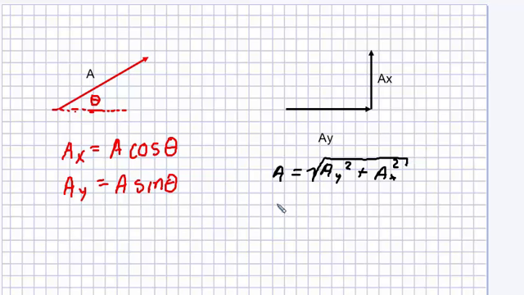And if you want to know the angle theta that it's pointing in, then you could take the inverse tangent of the opposite over the adjacent. That is ay, the opposite side, over ax, the adjacent side.